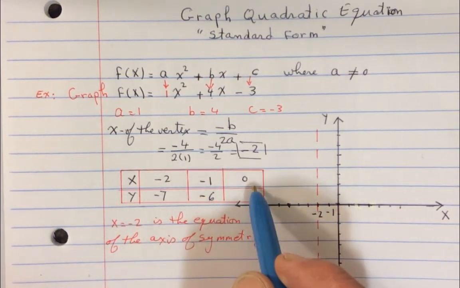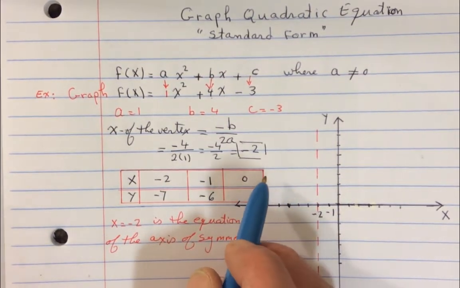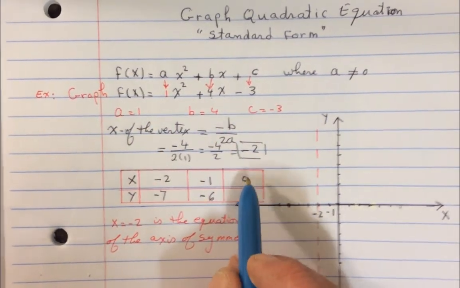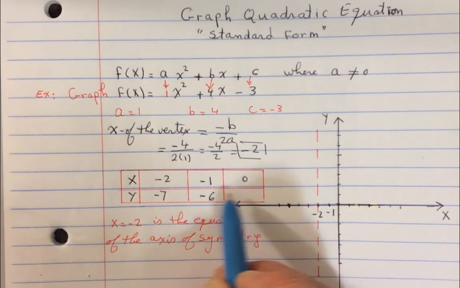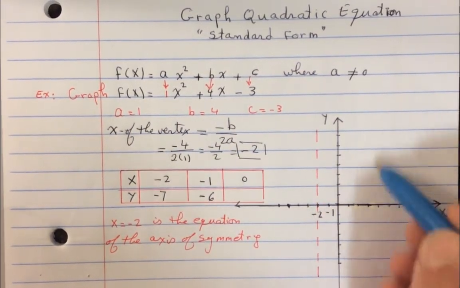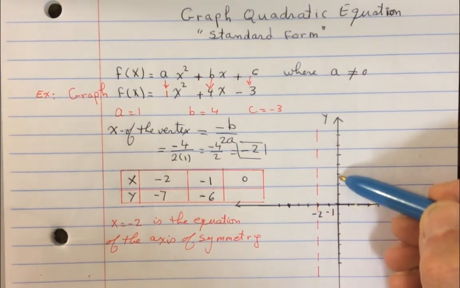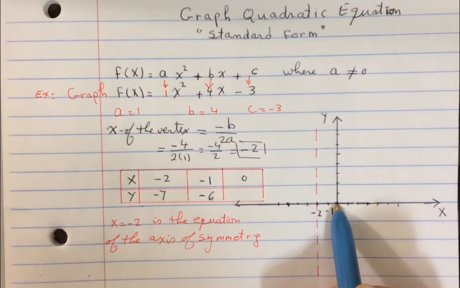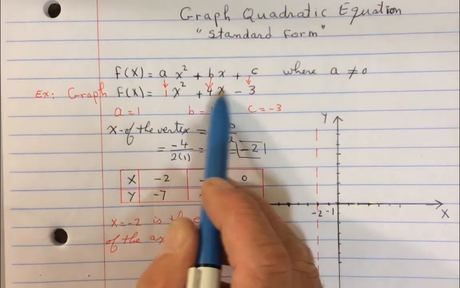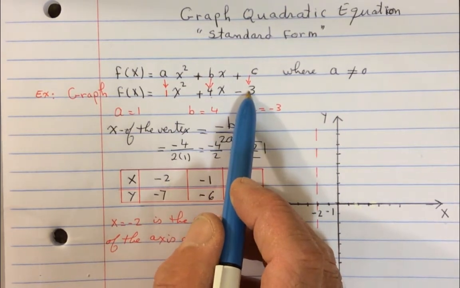When x is 0, by the way, that's going to be the y-intercept, because to find the y-intercept, let x equal 0. In any problem, if they ask you to find the y-intercept, let x equal 0, because the y-intercept is where the graph crosses the y-axis, and when the graph crosses the y-axis, x is 0. If you plug in 0, anything with x is cancelled, so the only thing left is negative 3.